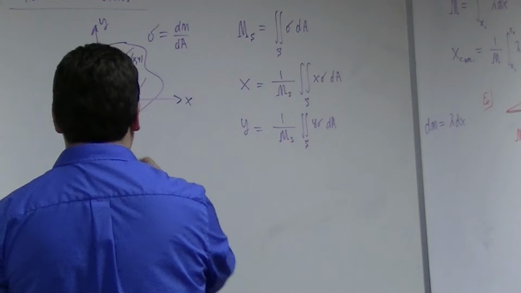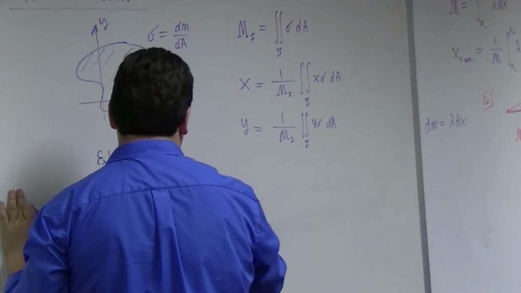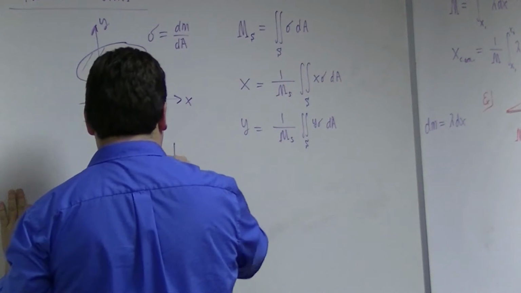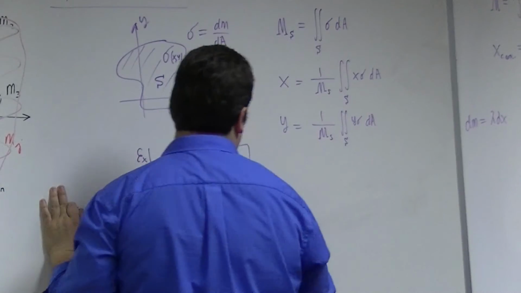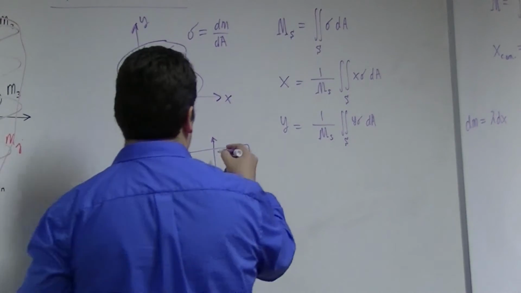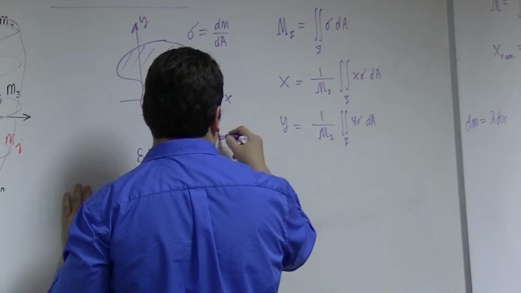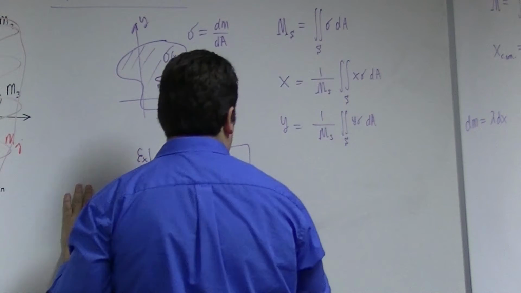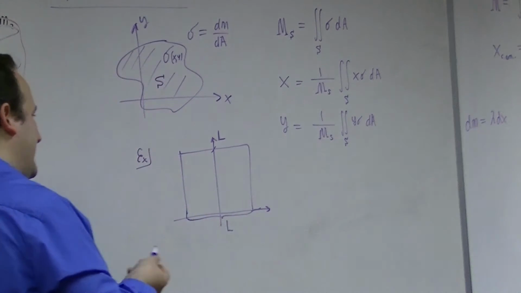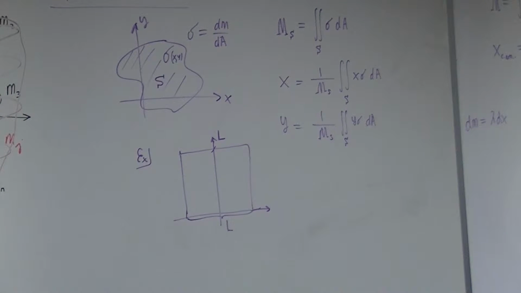But I could give you examples where you don't need all of this. For example, let's say a square of side length L. And I could make the area density depend on the position in a slightly non-trivial way. It's a two-dimensional problem, but I could make it a one-dimensional problem.